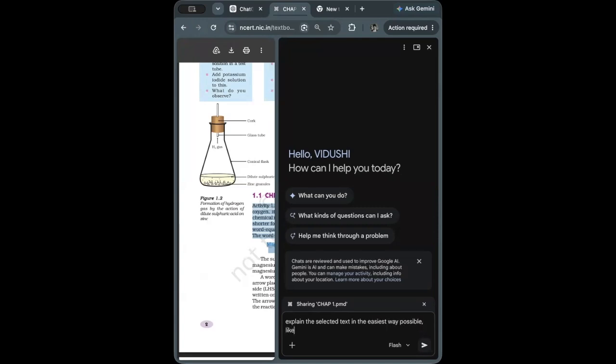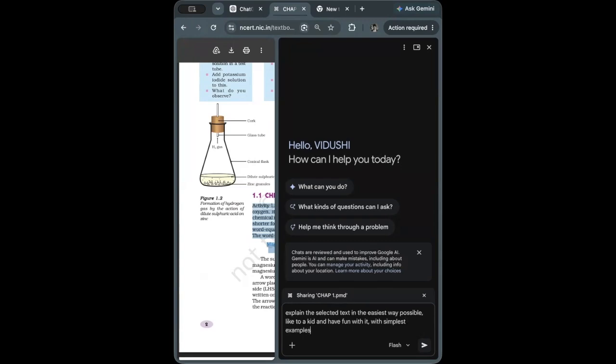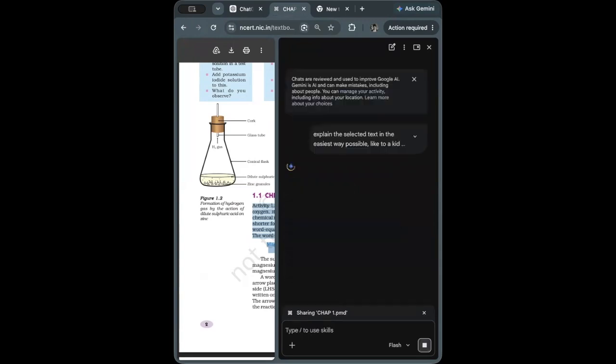Again, I'm going to play with it, like explaining to a kid, and have fun with it. With beautiful, simplest examples, let's say. And my internet is shutting off. Please bear with me.